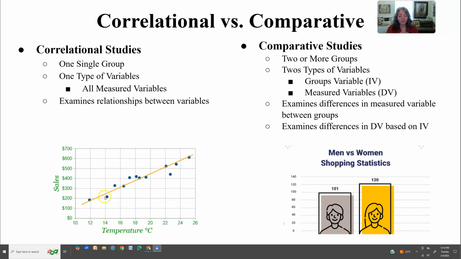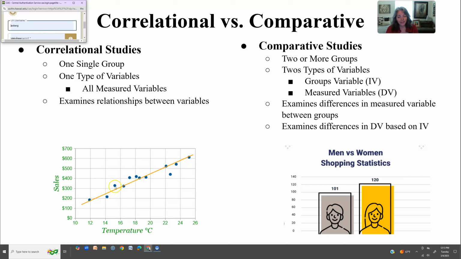So every one of these dots represents the intersection of where that data point scored, if I'm measuring it across a 30-day period, right? So day 1, it was 12 degrees Celsius and only $200 in sales. Day 2, it was a little over 14 degrees Celsius and just a little above $200 in sales.